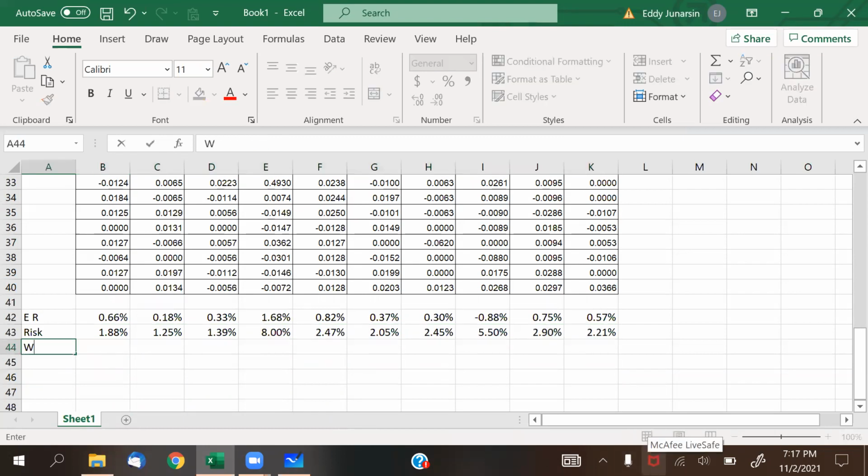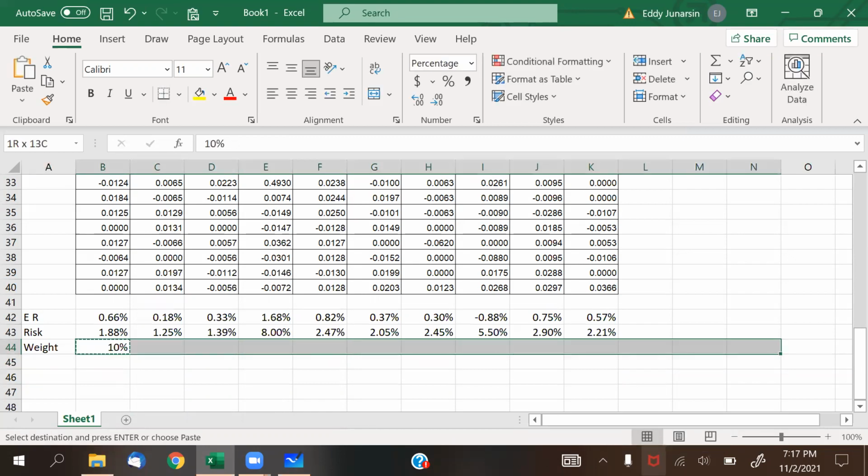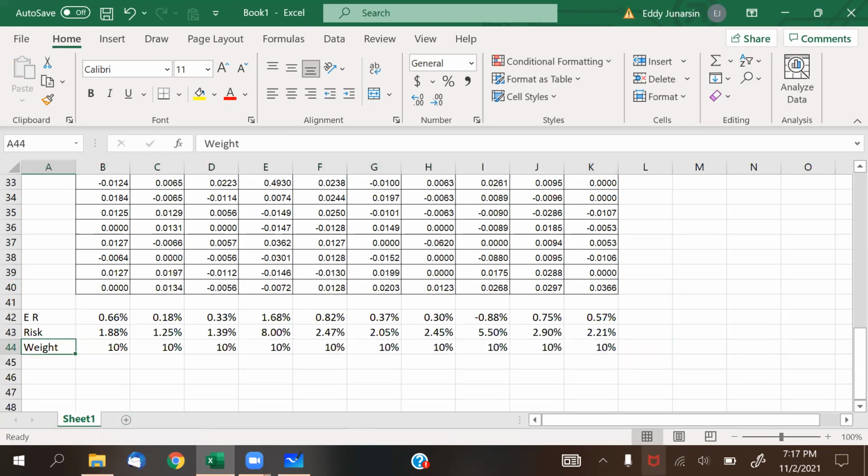For now, just pretend that we have whatever weights or proportions of all the stocks. For now, I'll just assume that we have 10% each. Later we can change it, and the optimization tool in Excel called Solver will help us estimate and determine the proper weights that we are going to see in a little while.